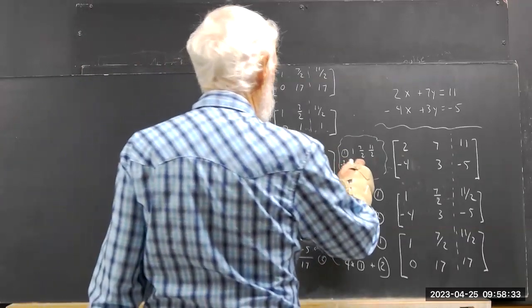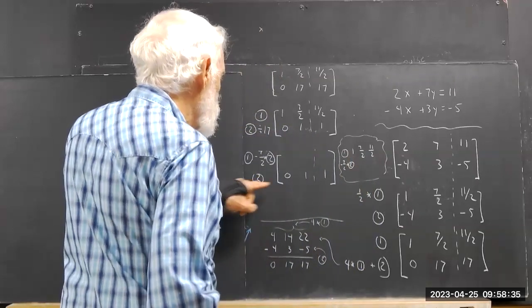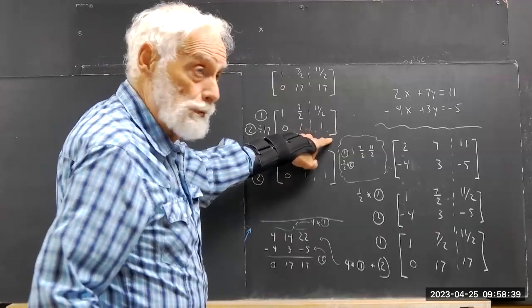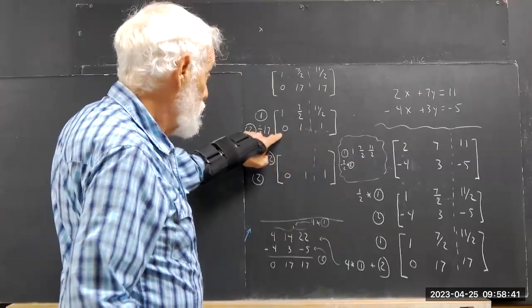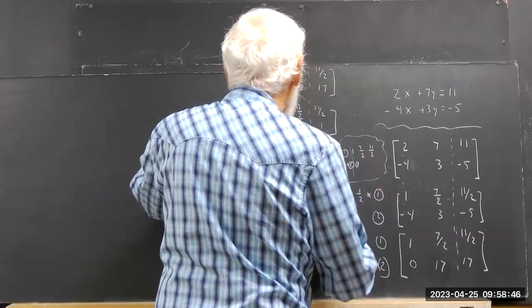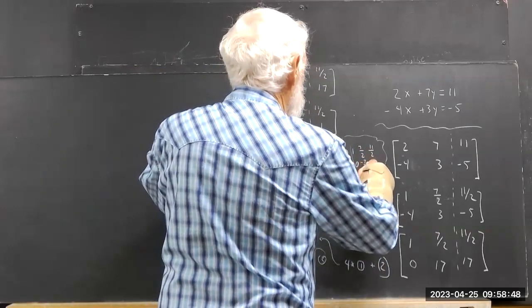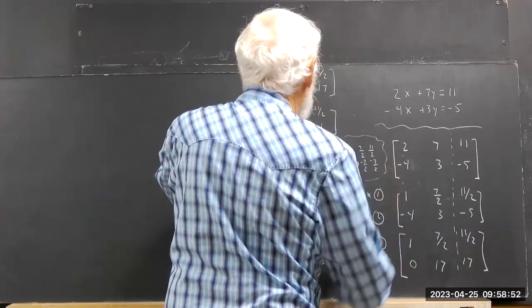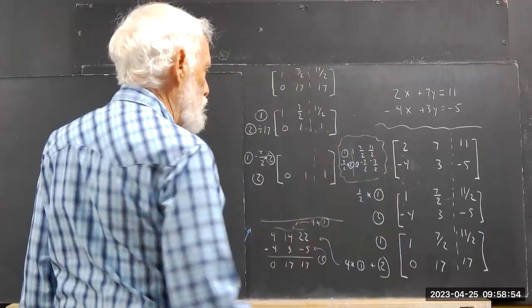But what's negative 7/2 of row 2? Well, row 2 was 0, 1, 1, right? Negative 7/2 of 0 is 0. Negative 7/2 of 1 is negative 7/2. Negative 7/2 of 1 is again negative 7/2.